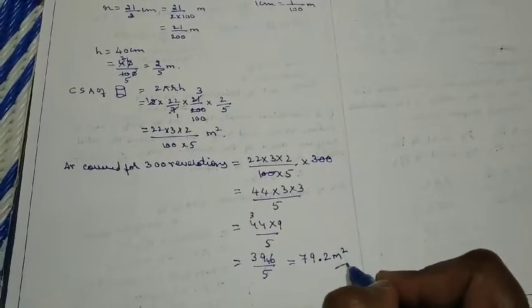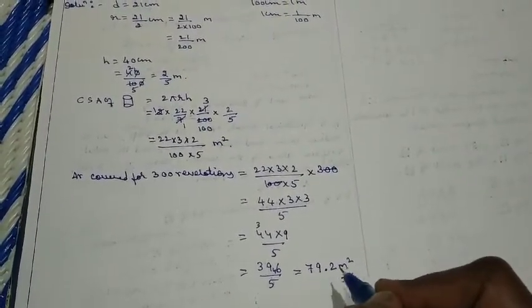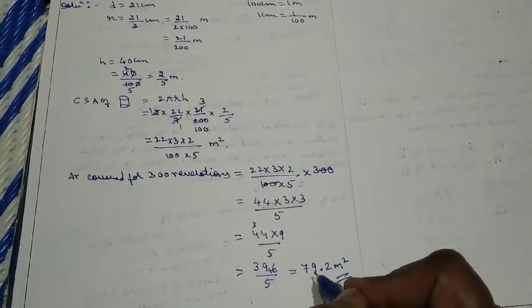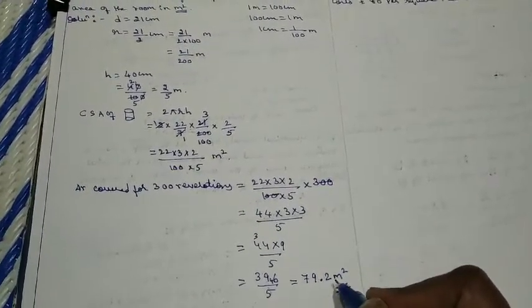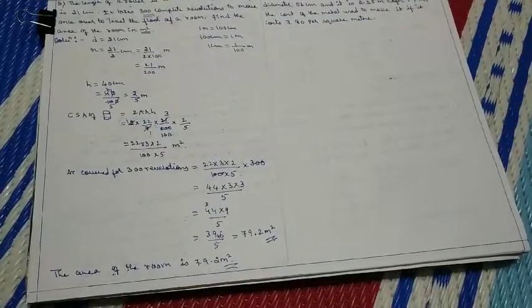Since he is asking the area in meter square, the answer is kept in meter square, children. So the total area of the base of the room is 79.2 meter square.